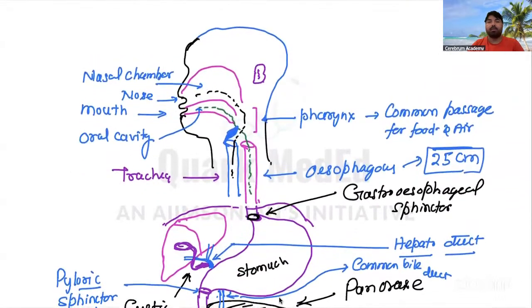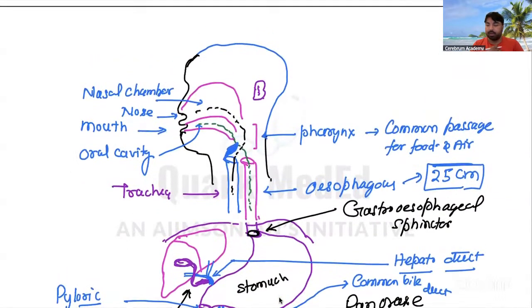Then we discussed this diagram. In this diagram, you can clearly see the head. This is the nasal chamber: air enters the nose, goes into this chamber and then to the pharynx. Then this is the oral cavity or mouth.